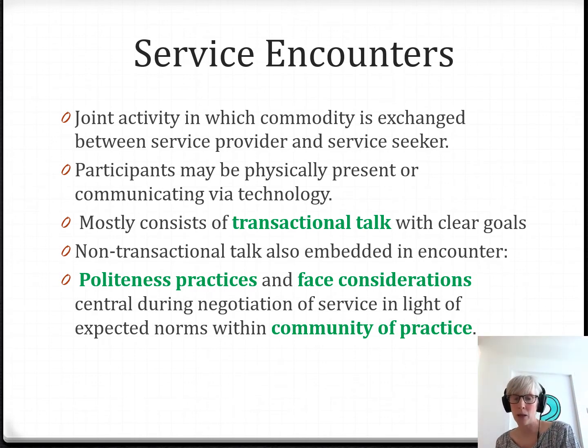We talked also about politeness and face considerations. If you remember, we talked about the difference between American and British ideas of politeness and how that can affect service encounters, and how British people working in American organisations or encountering American organisations can be slightly put off by their different style of politeness approach.